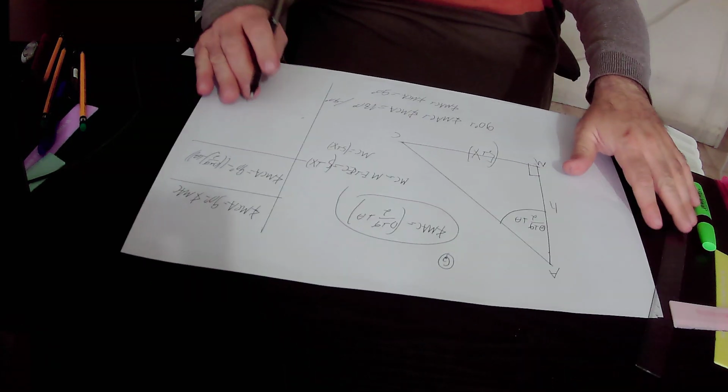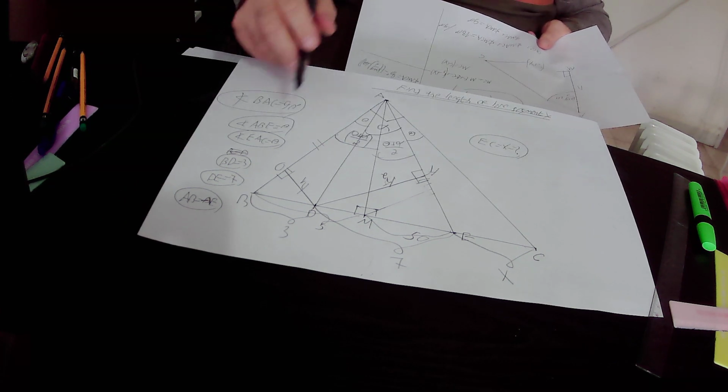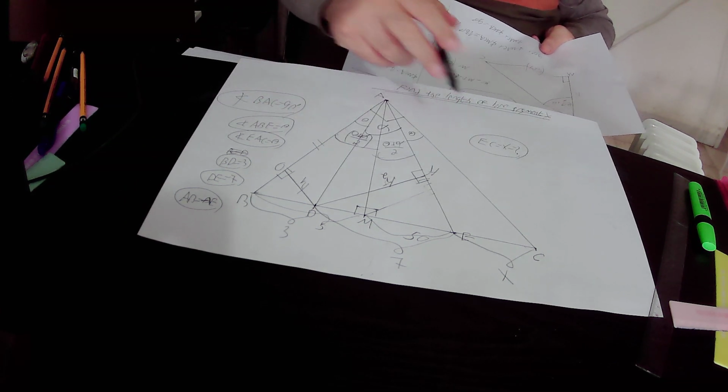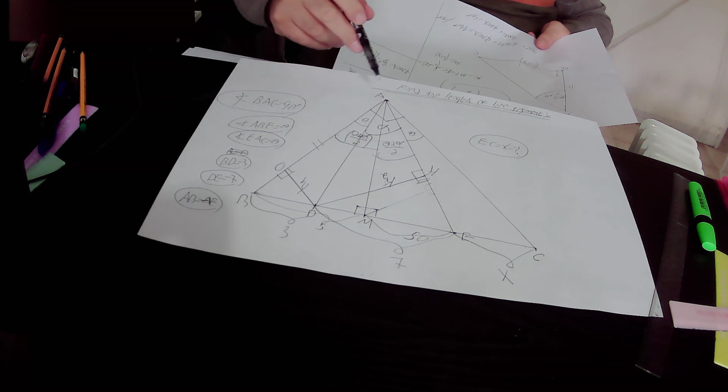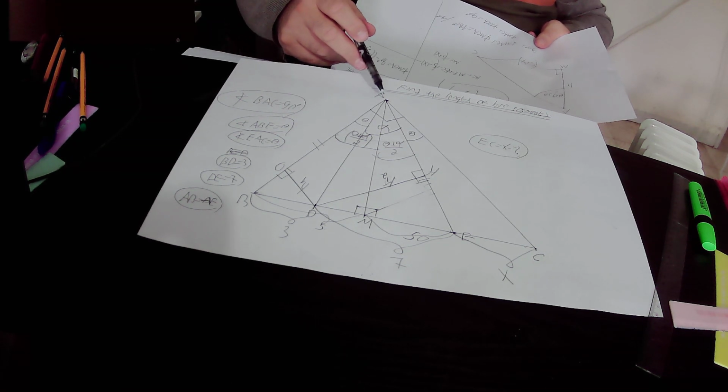And we know that 90 degrees is angle BAC from one side, but angle BAC equals 2 theta plus alpha.